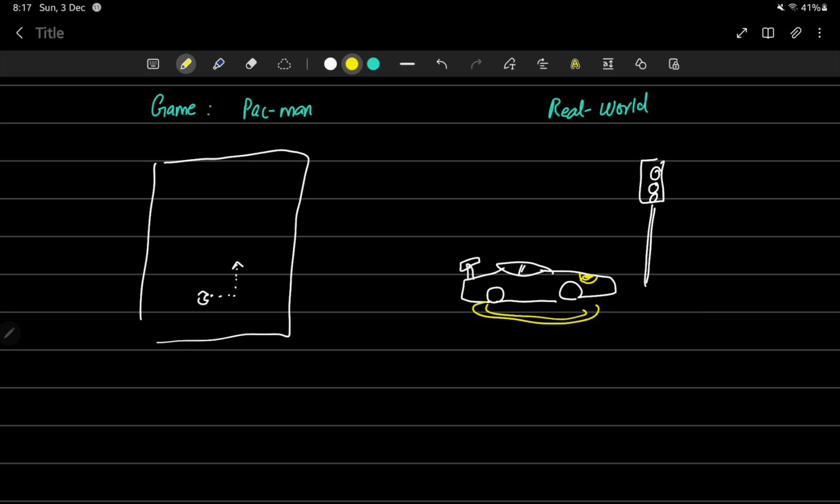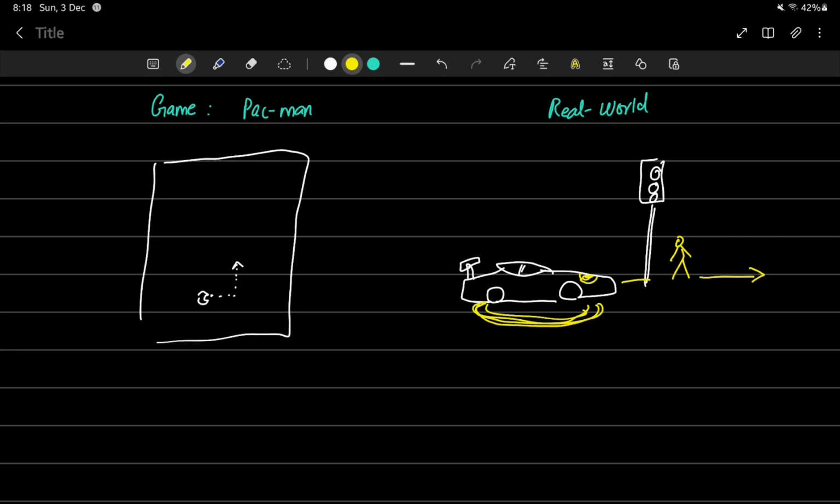Or let's say you wanted to go straight, but there was something wrong with your car's tires and you actually drifted towards the right. Or a really logical example: a pedestrian just came in front of you out of nowhere, and even though you took the action to go straight, you are still stuck at your initial position, because you cannot actually kill that pedestrian, right?